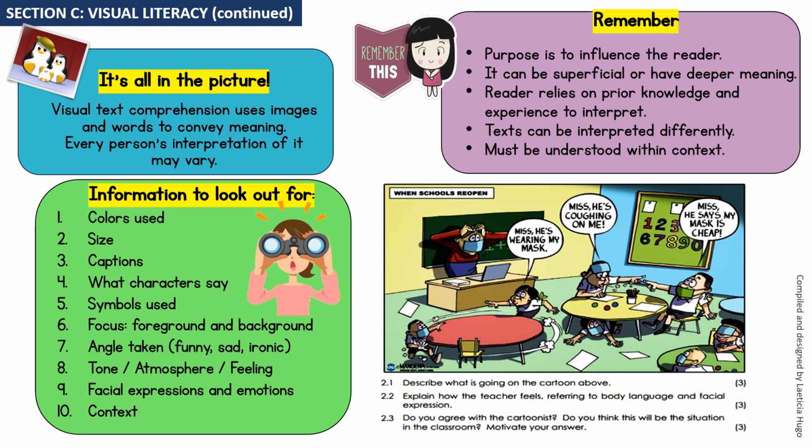Third point in the purple block, the reader relies on prior knowledge and experience to interpret. So when you have a look at a picture, your previous experience changes the way you look at it. So for example, let's say there's a picture of a war and you have a look at all the war and fighting going on and you have no experience of it, then you will see something that applies to your experience and your knowledge.